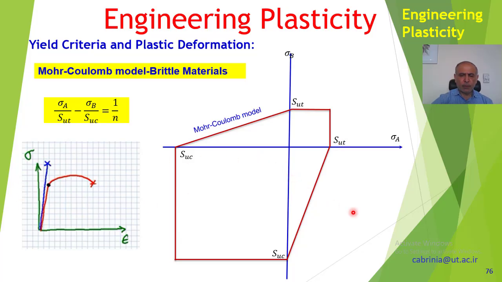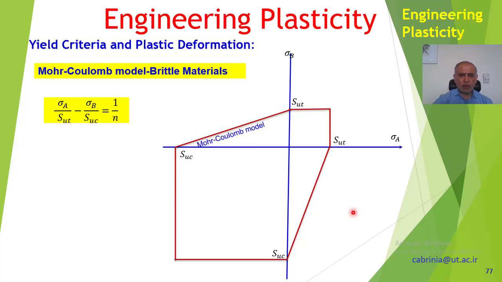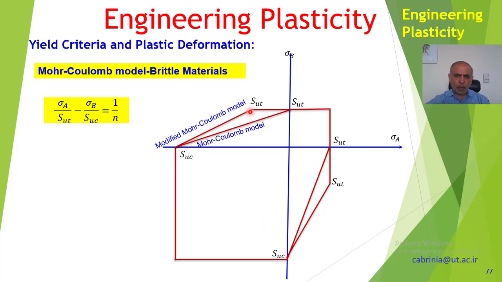Now, let's examine this a bit further. So that's the Mohr-Coulomb model for brittle material, but if we change this a bit, for instance, if we continue this line to here, that value also SUT, and move this to here, we get the modified Mohr-Coulomb model.